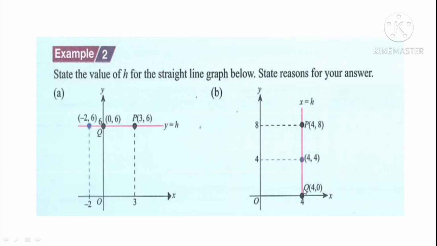So the straight line will cross the x-axis, right? As for this one, it will be counted 1, 2, 3, 4, 5, and 6 here. So the value of h in this example will be 6.